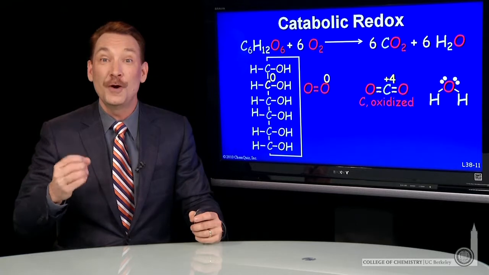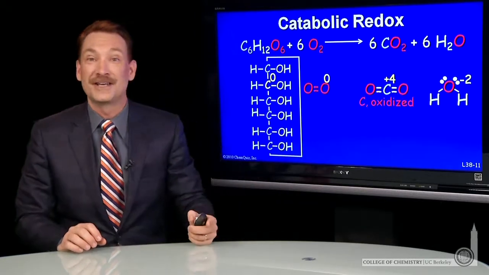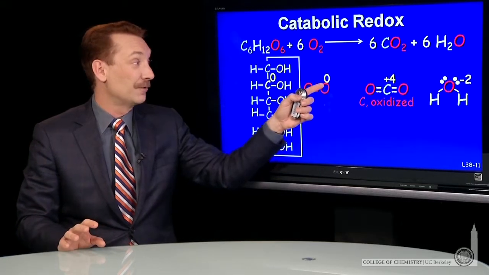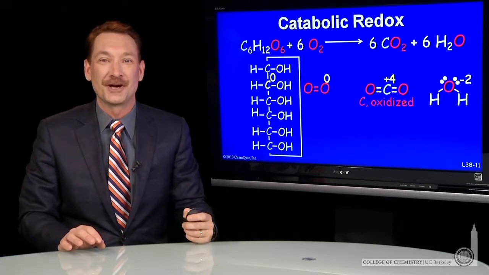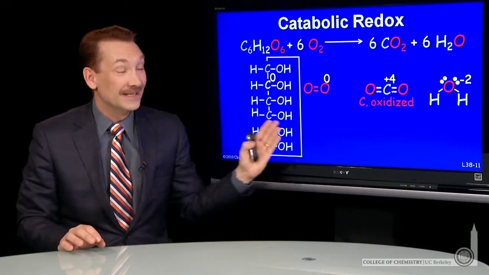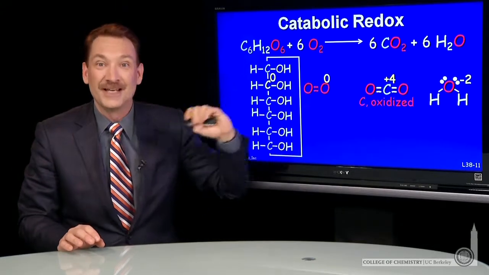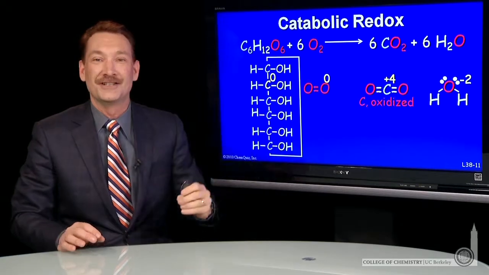So it has 2 more than it normally has as an atom, so that's an oxidation number of -2. Indeed, that's a reduction. I go from 0 to -2. A reduction in oxidation number is a reduction. So formally, a catabolic redox reaction is performed in your body to release energy in the oxidation of glucose.